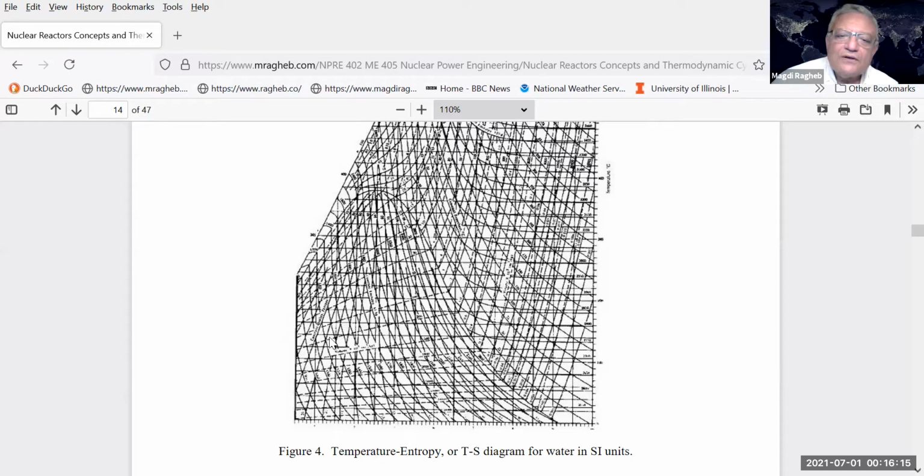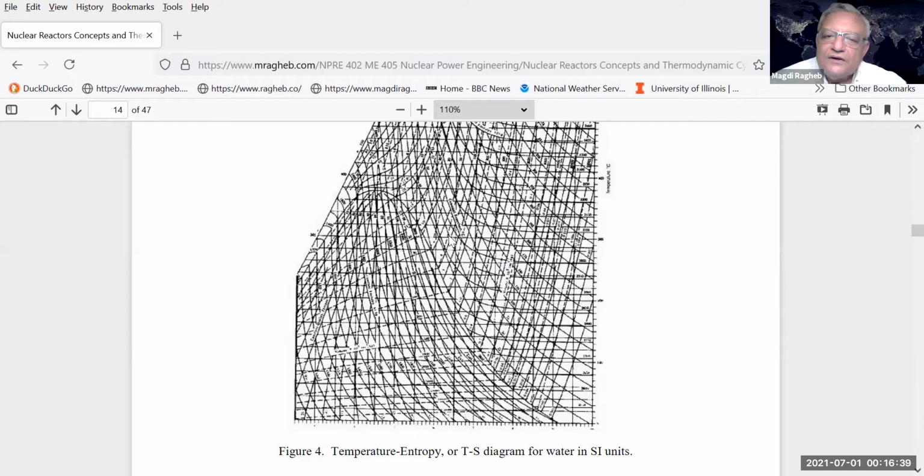Follow the arrow here, you could see that there is a shape that reaches a maximum here and comes down. This is what's called the saturation line. And along the saturation line, as you heat a fluid from this point to that point, you add latent heat to it until you reach here the point where you have the saturated steam.